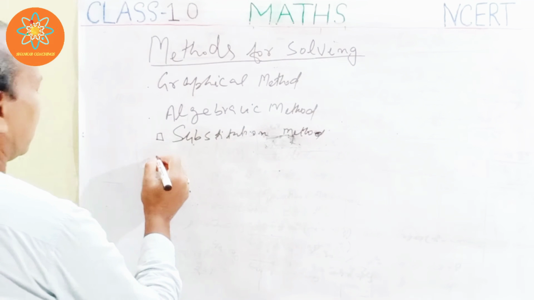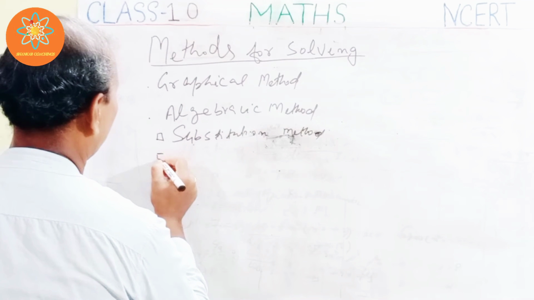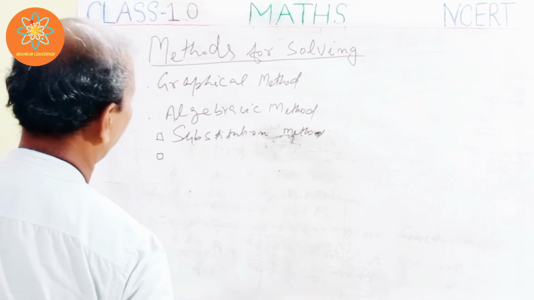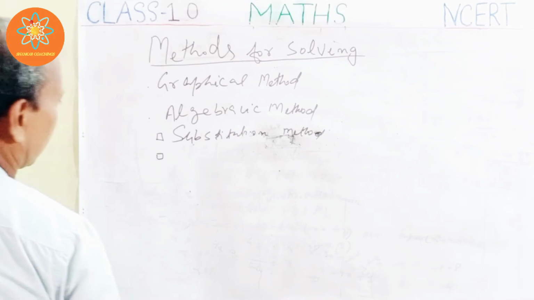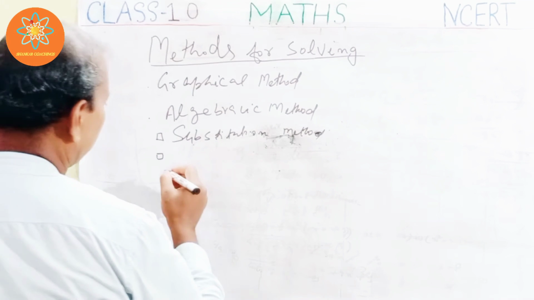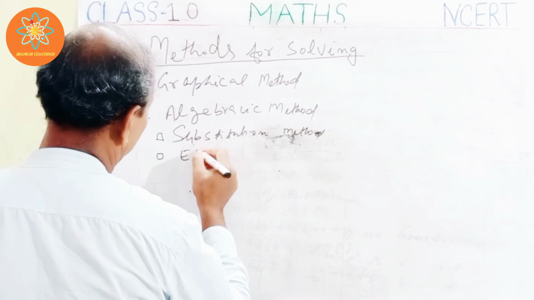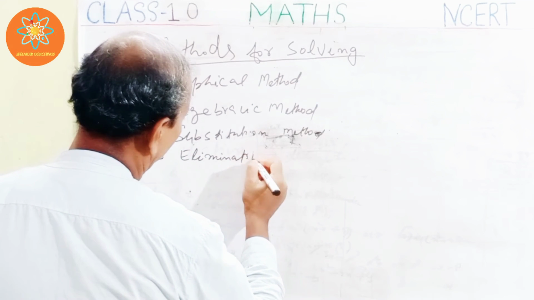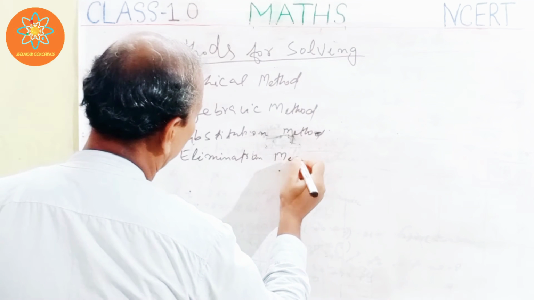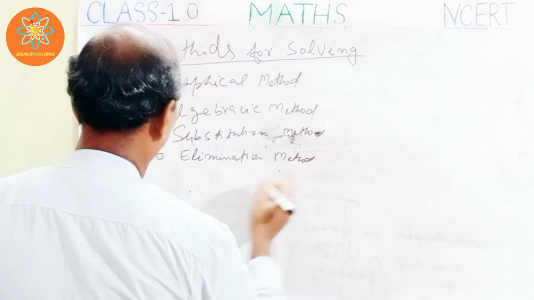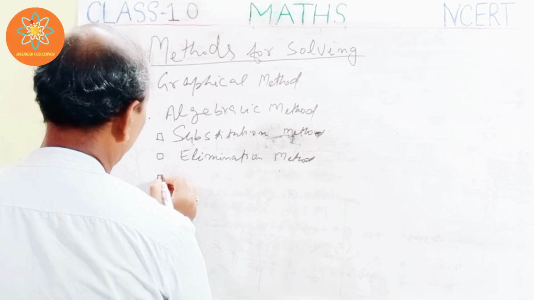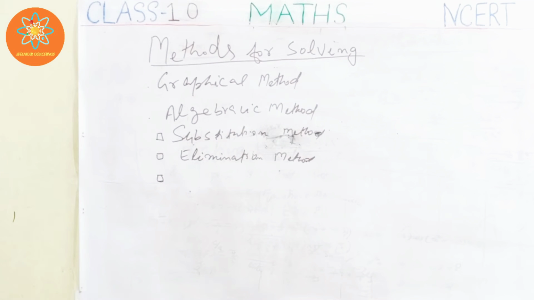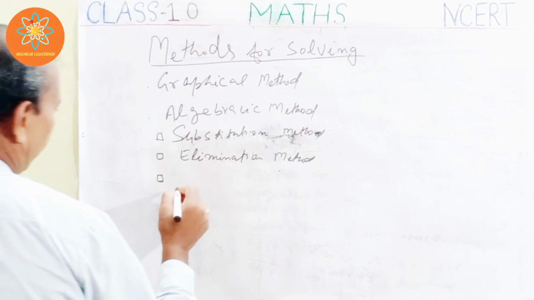The second one is the elimination method, and the third one is the cross multiplication method.